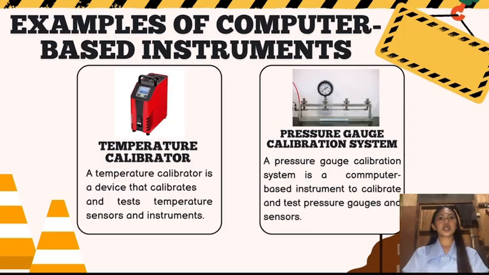Next is temperature calibrator. A temperature calibrator is a device that calibrates and tests temperatures, sensors, and instruments. And the last example is pressure gauge calibration system. A pressure gauge calibration system is a computer-based instrument to calibrate and test pressure gauges and sensors.